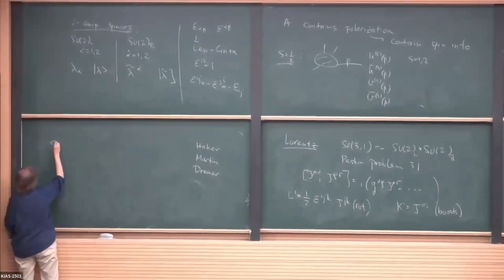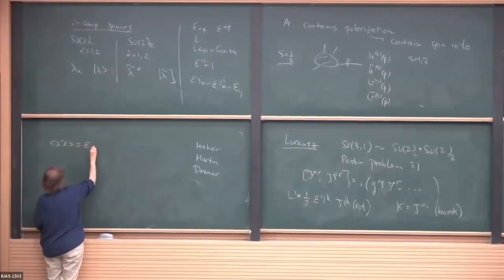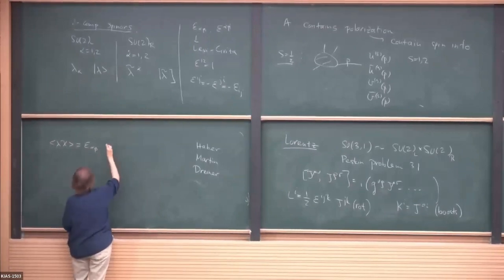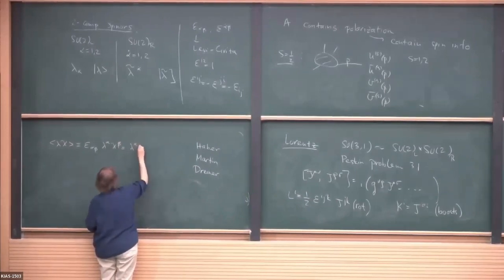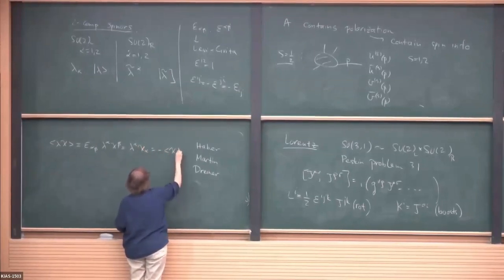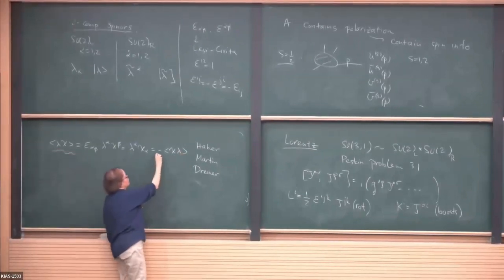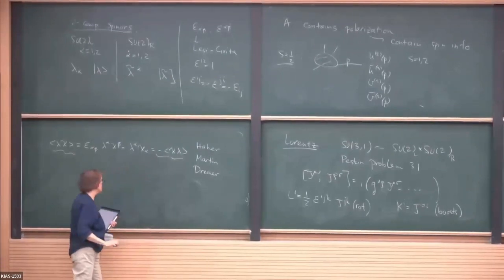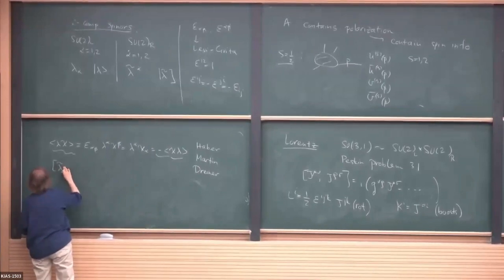So we can define these contractions, lambda chi, which I'm going to define as epsilon alpha beta lambda alpha chi beta, which can be denoted as lambda alpha chi alpha, and this is minus chi lambda. So the thing I want you to notice is that this product is anti-symmetric. And similarly, we can define these guys.